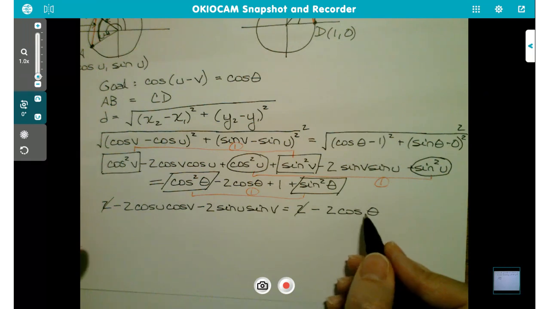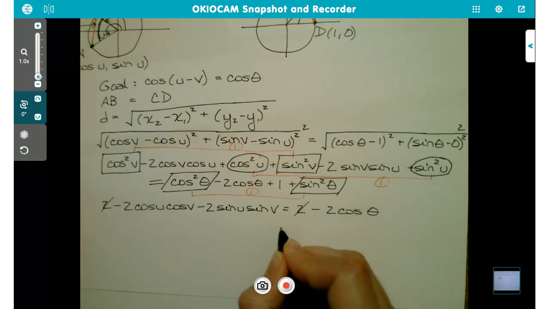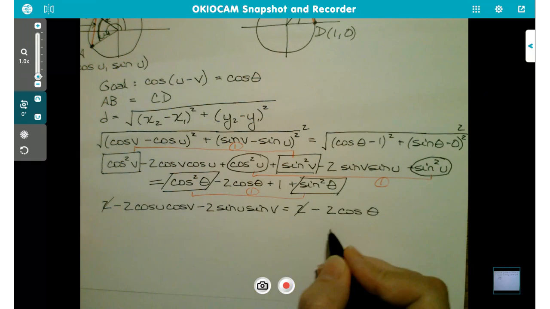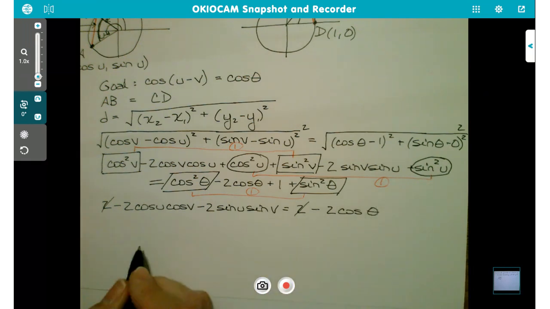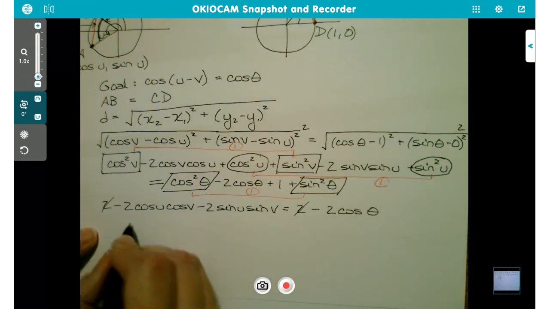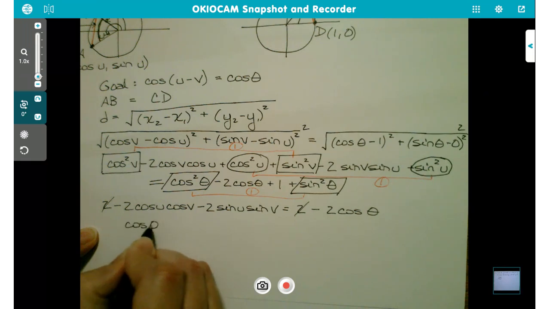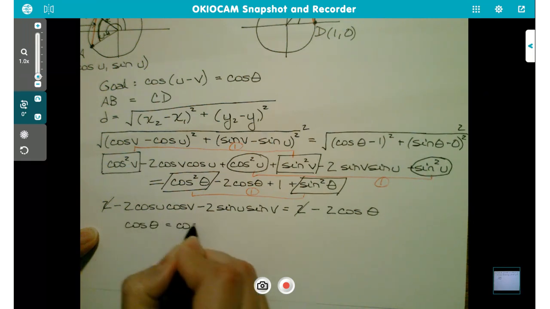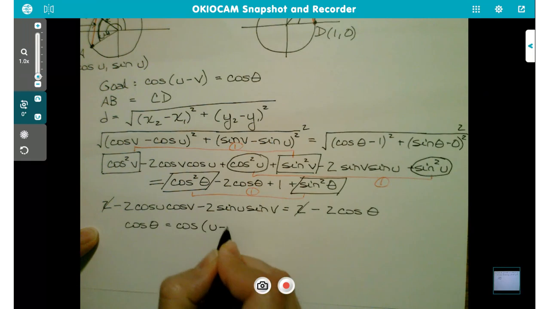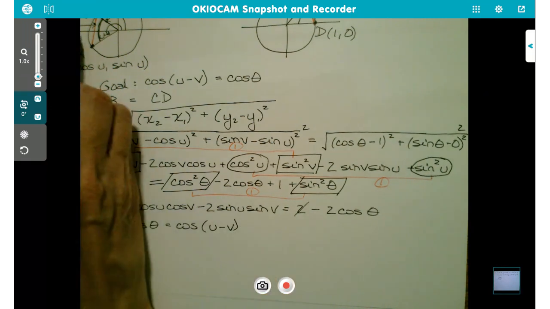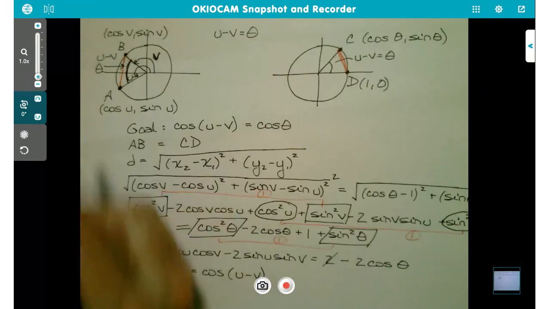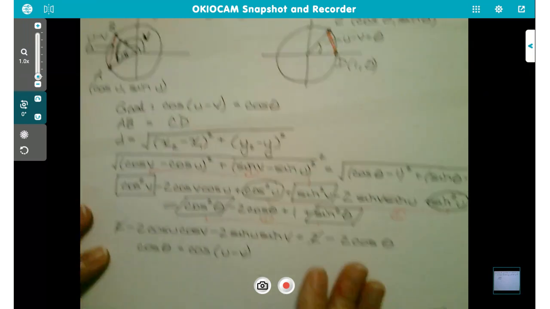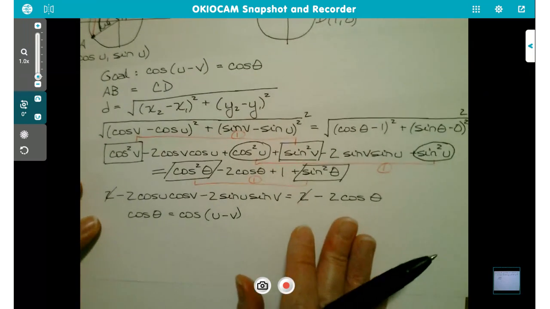And we're there, actually. Now on the left, after I divide by -2, I have cosine theta, which is the same as cosine of u minus v, because way back here, when we started, we named u minus v theta. So we found it.